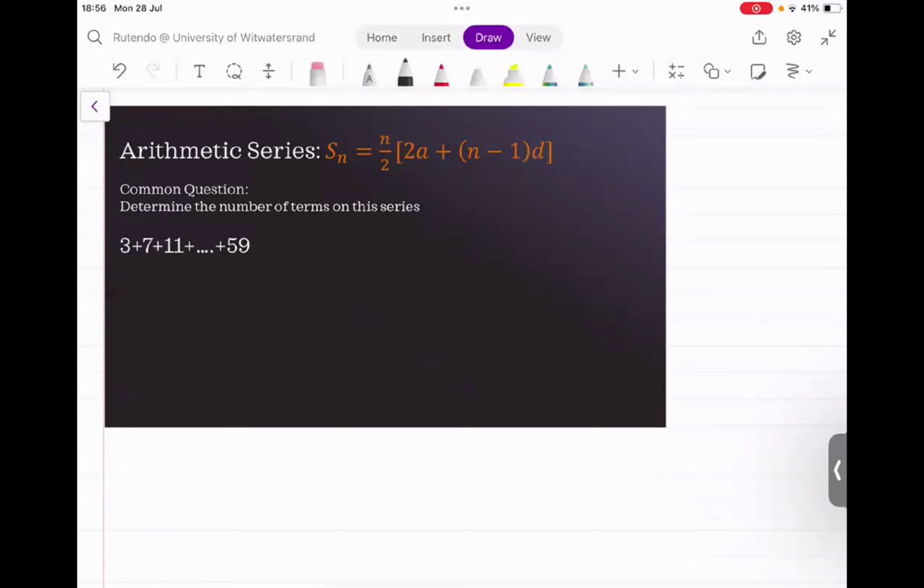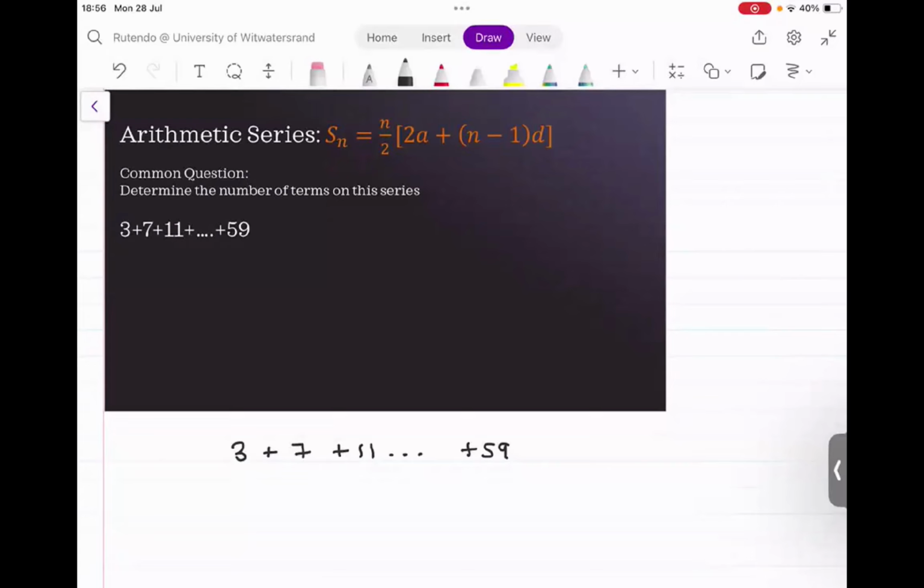I want to know how many terms are in the series. So I know it starts with 3 plus 7 plus 11 and so on, and it ends at 59. What do I do?